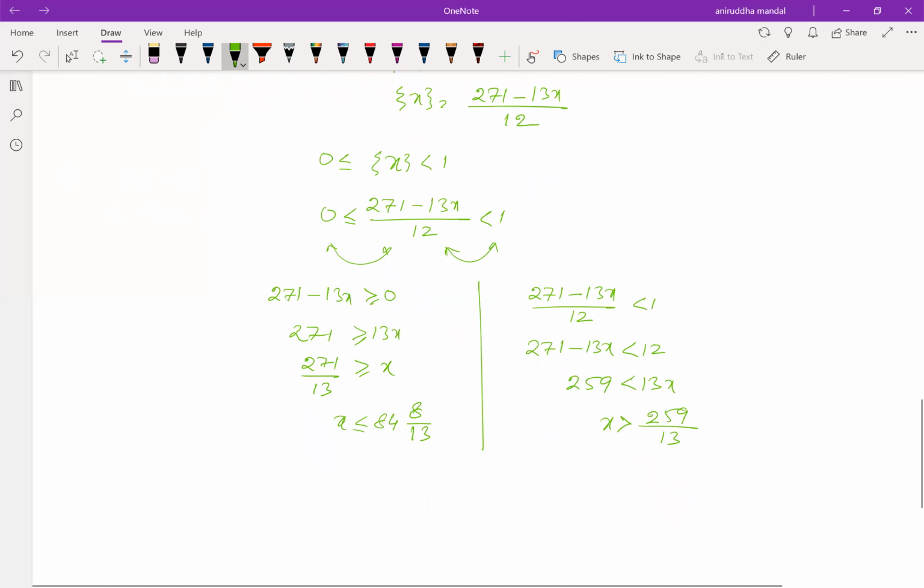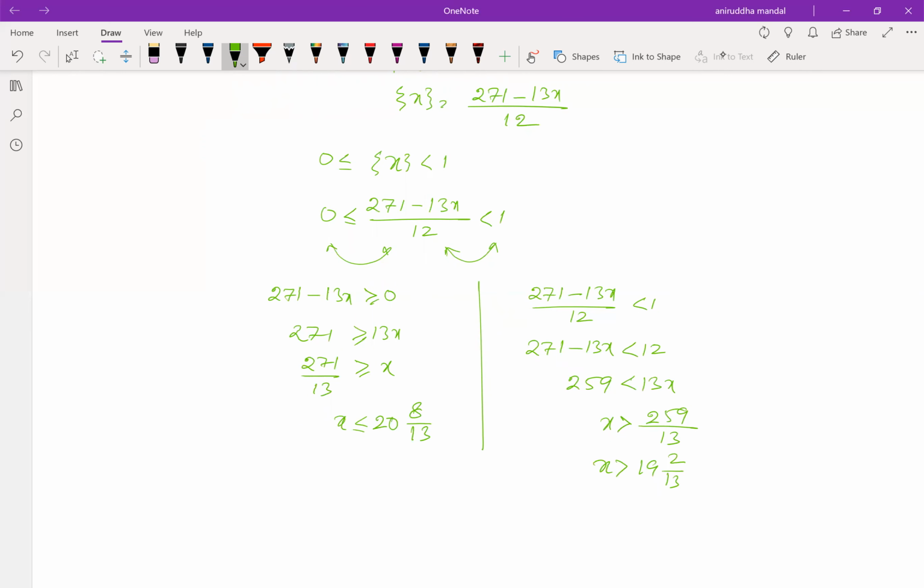I think I have made some mistakes. It is not 84, it is 20 whole 8 by 13. And x is greater than 19 whole 2 by 13.